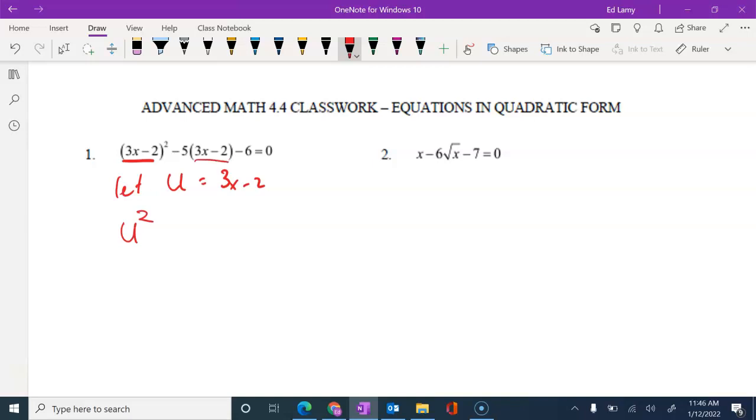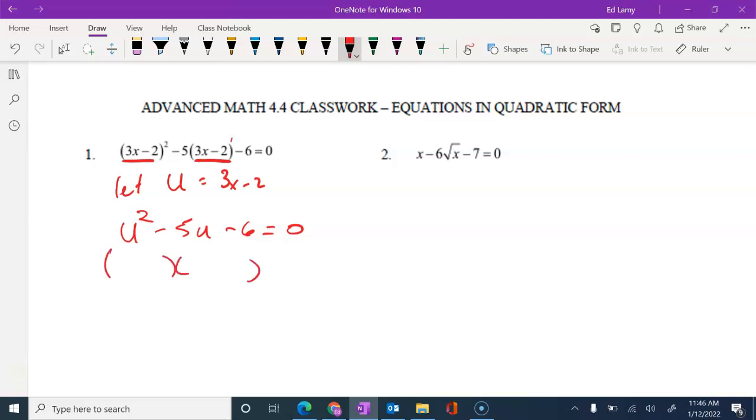In the second term, I've got 3x minus 2 to the first, so that'll be minus 5u. And then I got the minus 6 equals 0. It converts something fairly complex looking to something not so complex. This is quadratic now. You can solve it any quadratic way.